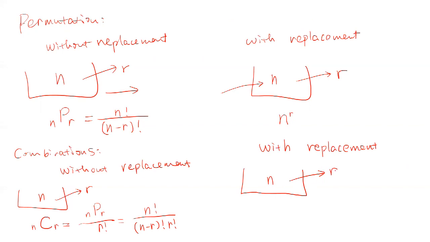For each element we pick, we replace this element into the box, which means the box always contains n elements, right? So here, there is no upper limit for r, but there is indeed a lower boundary. R is greater than or equal to 0.